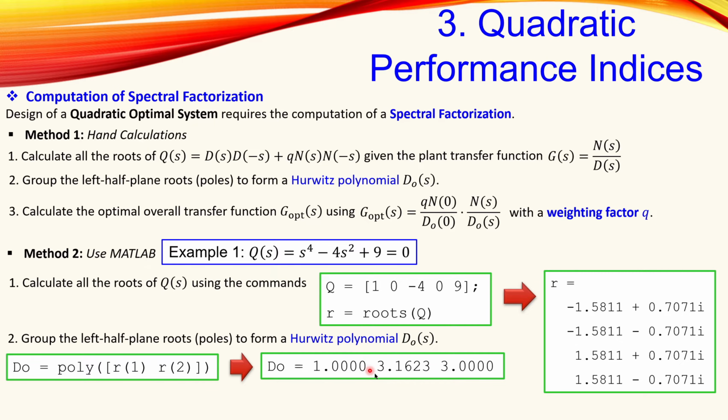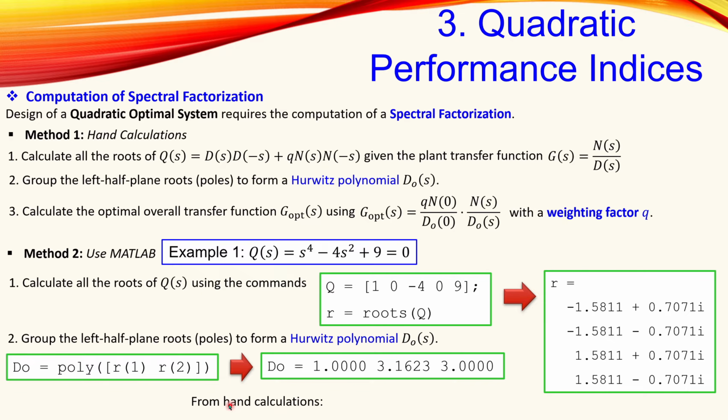You can see 1, 3.1623, that is of course exact, which is in exact form square root of 10, and also 3. That means actually the following, because we have 3 terms here. This is the second order term, the first order, and the zeroth order.